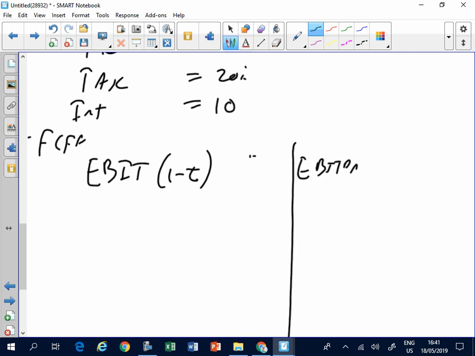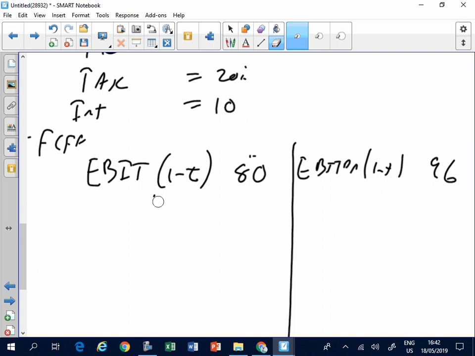So this is going to be 80. That times 1 minus the tax rate is equal to 120 times 0.8, 96. Okay, we're going to add back interest. 1 minus tax rate, we've already done that, so we don't need to do that, sorry.